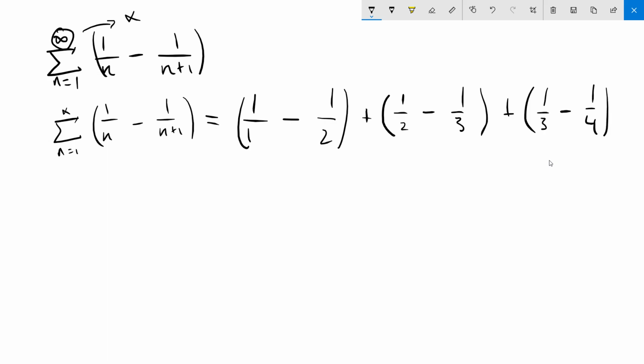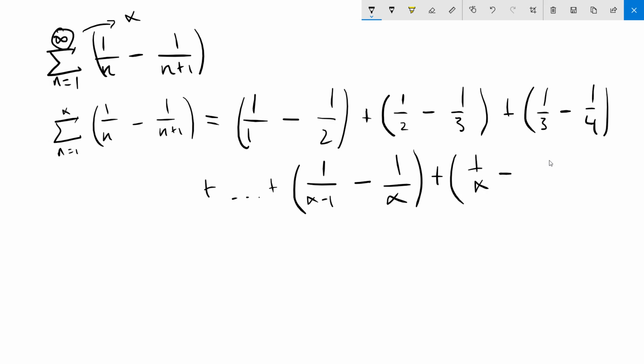Then plus dot dot dot, our second to last term is going to be 1 over alpha minus 1 minus 1 over alpha, since alpha minus 1 plus 1 is just alpha. And our last term would just be 1 over alpha minus 1 over alpha plus 1.